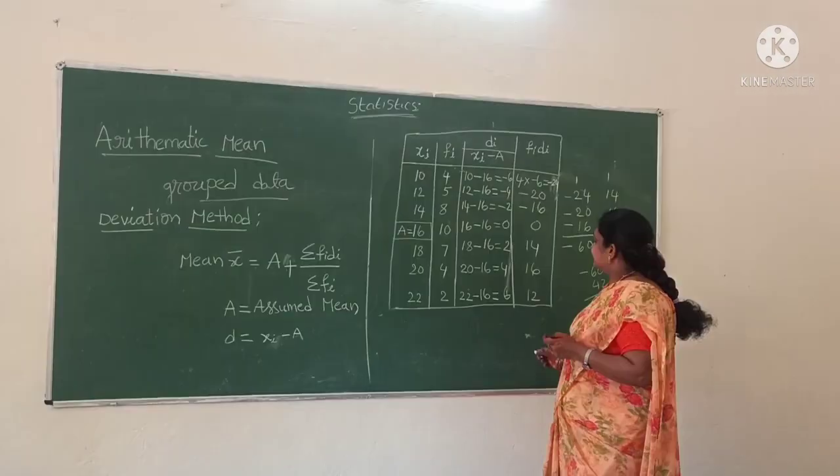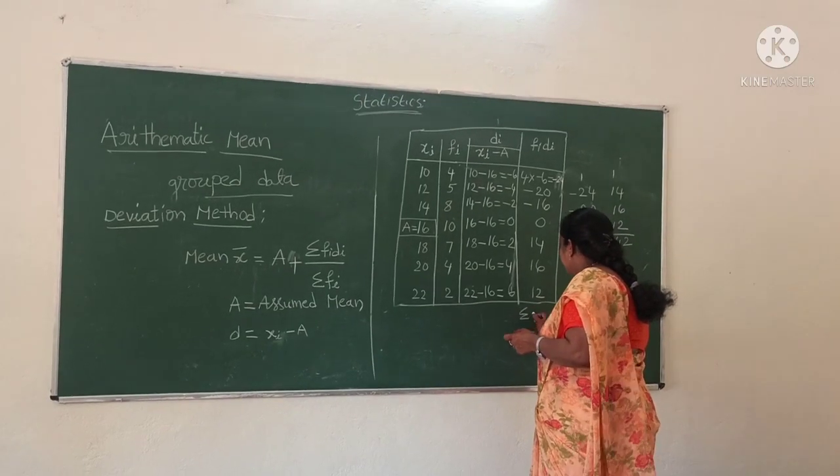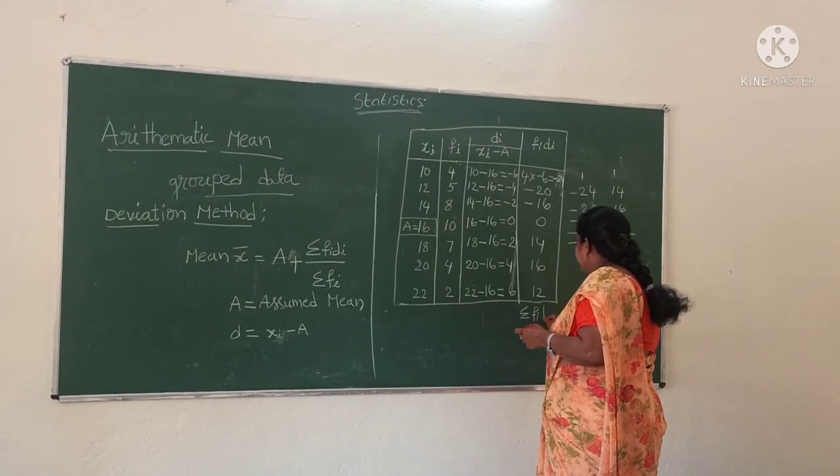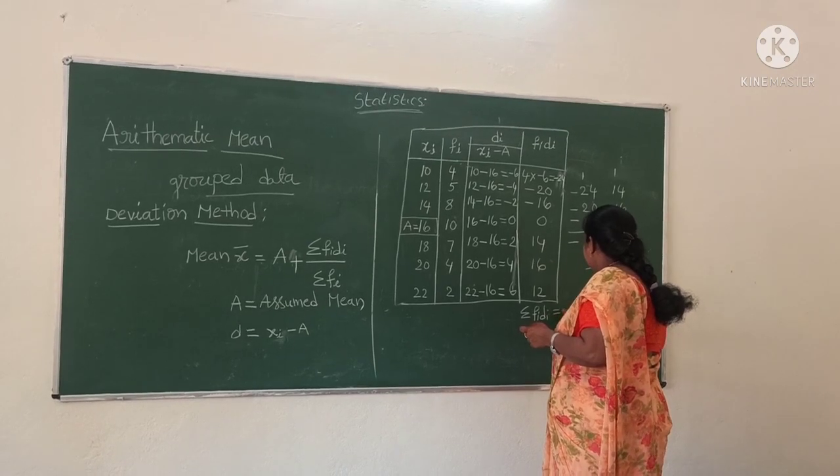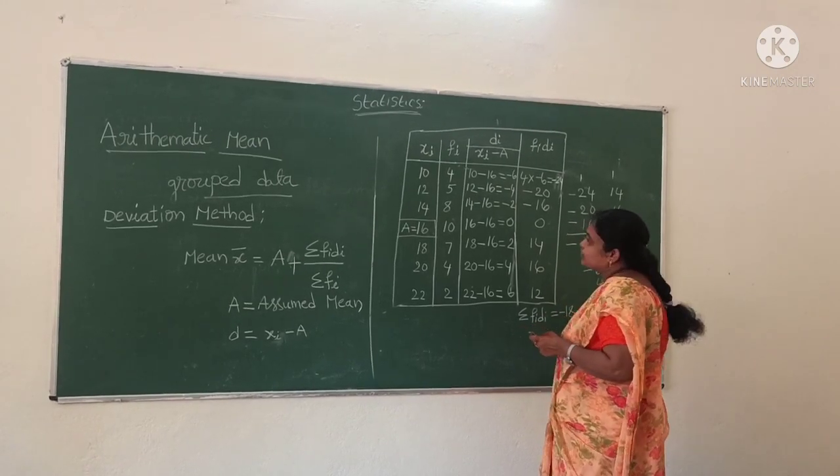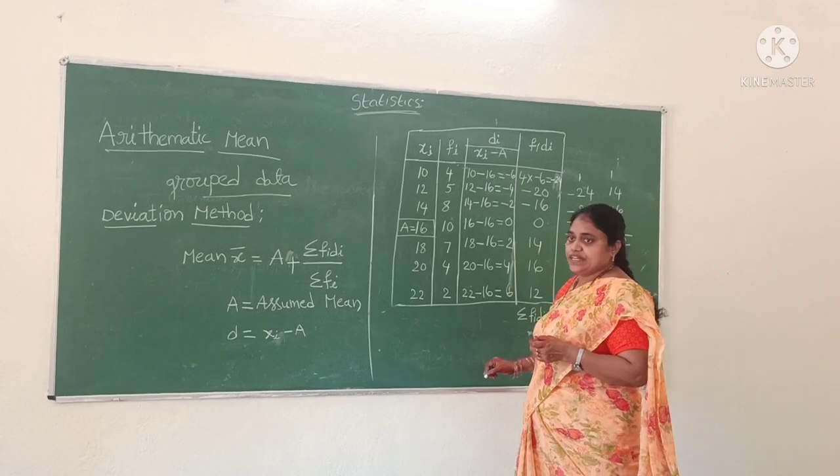Okay, minus 18 is sigma fi di, and we have sigma fi.